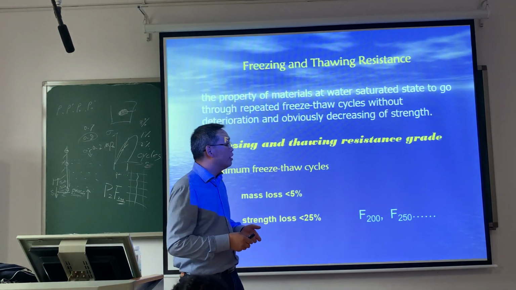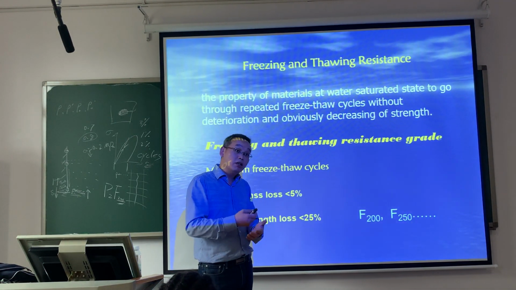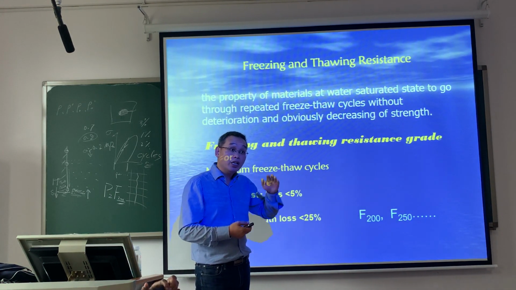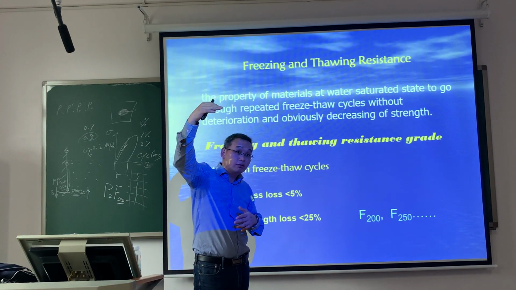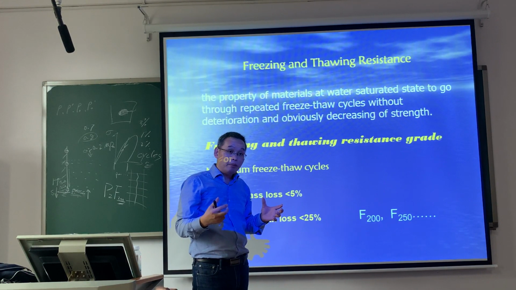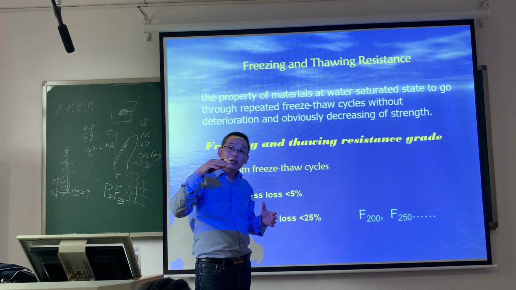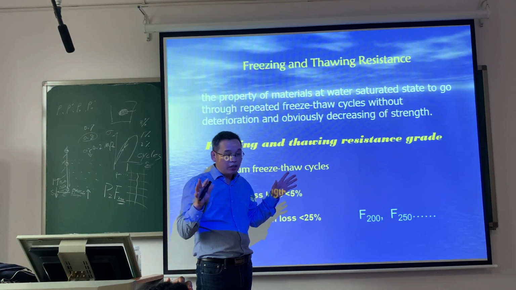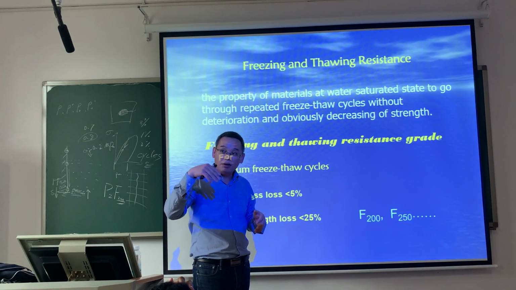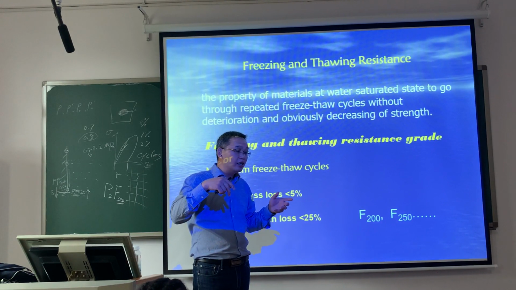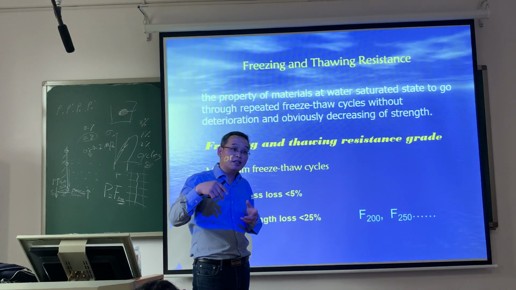In winter, because it needs low temperature. In China, there are many places that have this kind of problem. Not Changsha, because you have just experienced the winter of China last year.